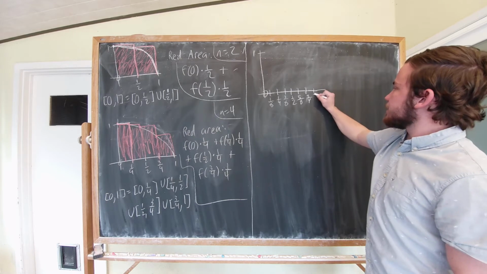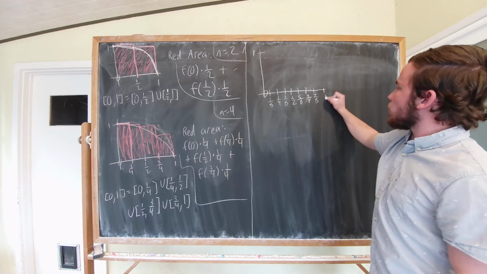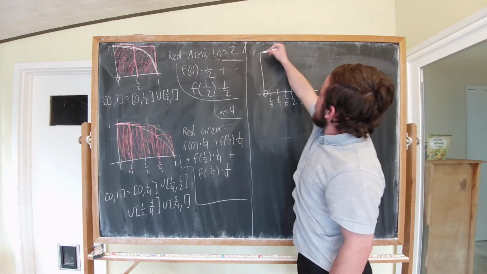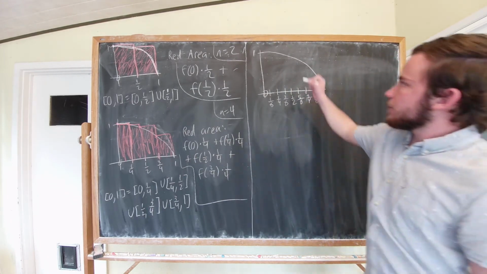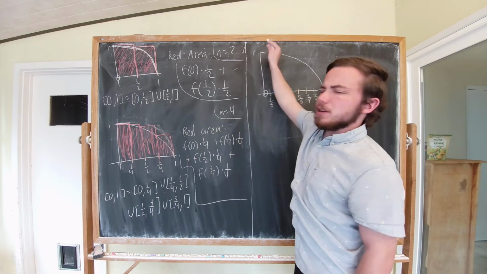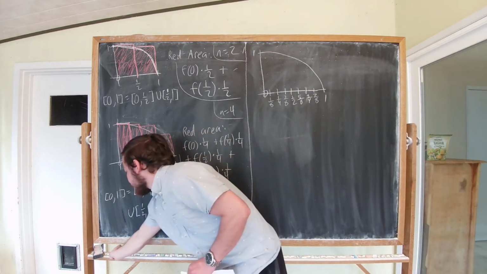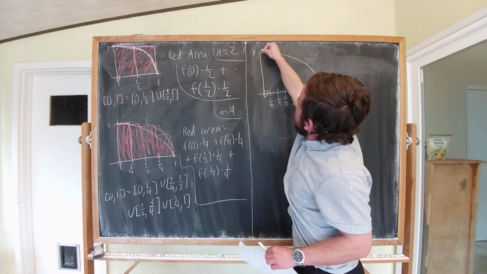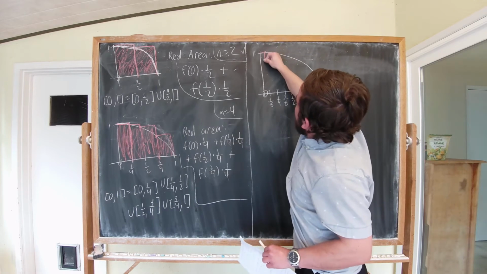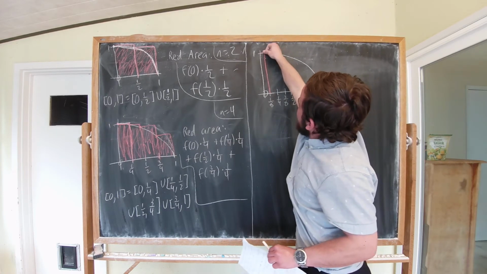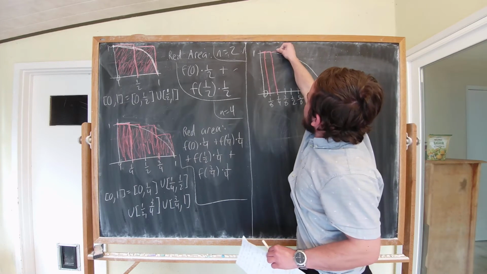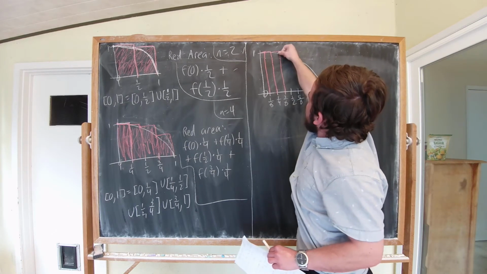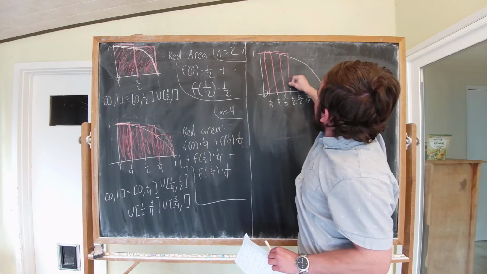And then we'd have 7/8, and then we'd have 1. So drawing my variable curve, we'd see, I'm just going to draw the rectangles, not the shaded area. We have that rectangle, that rectangle, that rectangle, that one.